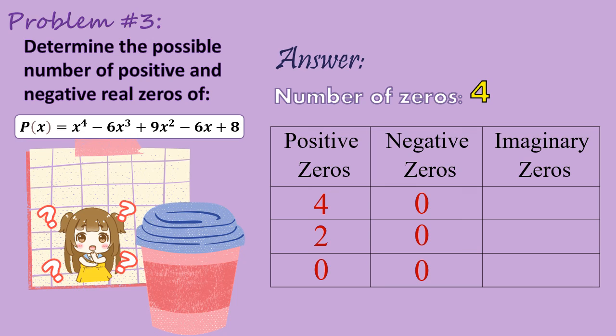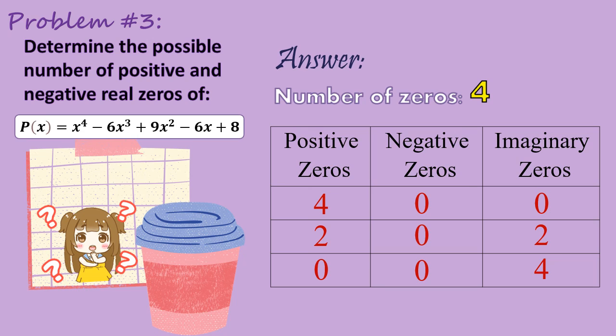So 4 plus 0 is 4 already, therefore for imaginary zeros, there's none. For the second set, 2 plus 0 is 2, so we are expecting 2 imaginary zeros. And if the third set will be the answer, no positive zeros, no negative zeros, therefore all our zeros will be imaginary, 4.